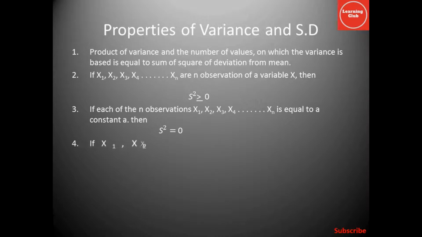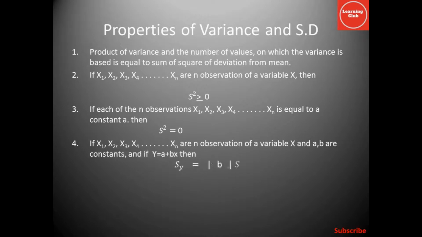Number 4, if we have n values of observations of a variable x, and a and b are constants, and if y is equal to a plus bx, then Sy is equal to mod b times Sx. It is the relationship between two variables, which is usually used when you want to calculate slope, by dividing the standard deviation of one variable by the standard deviation of another variable.